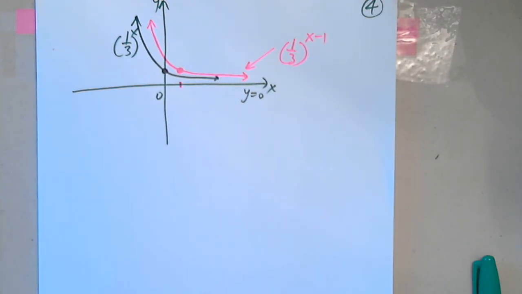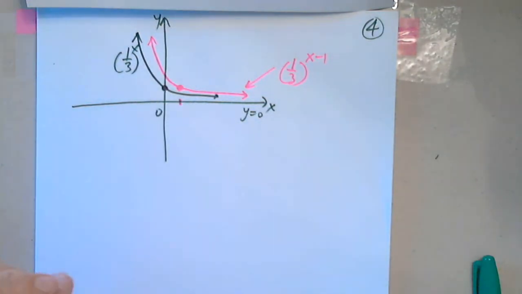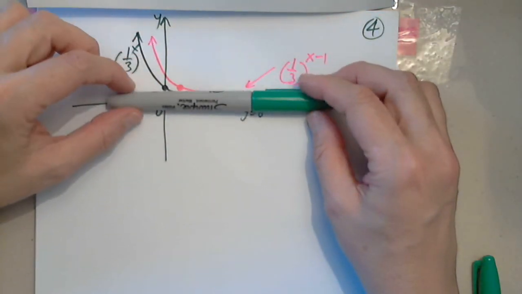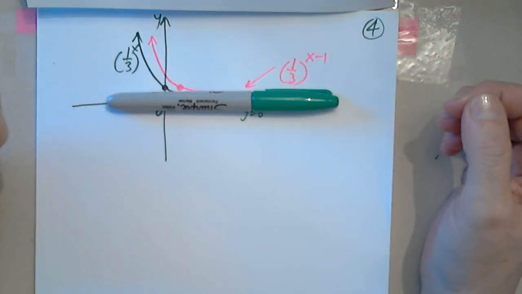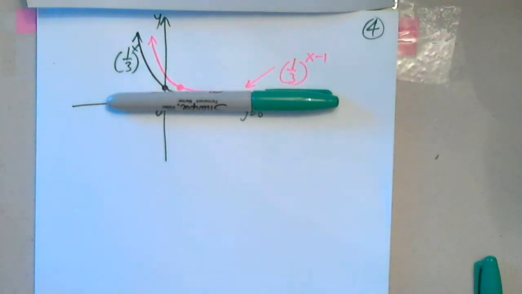Now, you said, okay, the next step is I have to take the pink graph and move it up 2. But we established that these two functions have a horizontal asymptote. If I shift the graph up 2, what do I have to shift first?